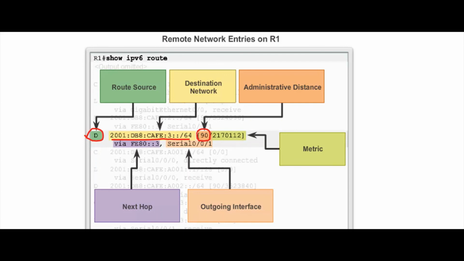And this is the metric. Metric means like hop count, how many routers you cross, but here it is something like bandwidth. Now this is the next hop, and this is the name of the interface. The same concept. What is changing here? The IP address is changed, so we are using an IPv6 address in this place.